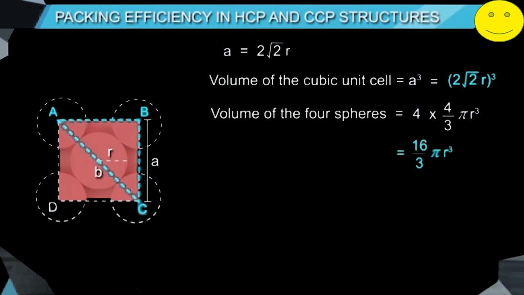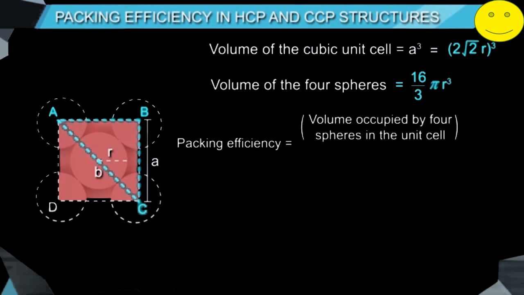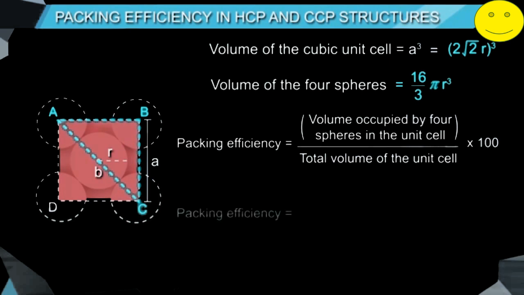Now let us calculate the edge length A by applying the Pythagoras theorem. In triangle ABC, AC square equal to BC square plus AB square. BC square equal to A square plus A square.